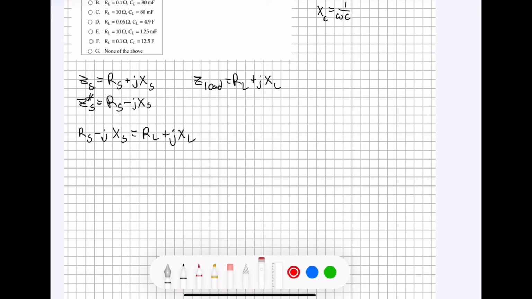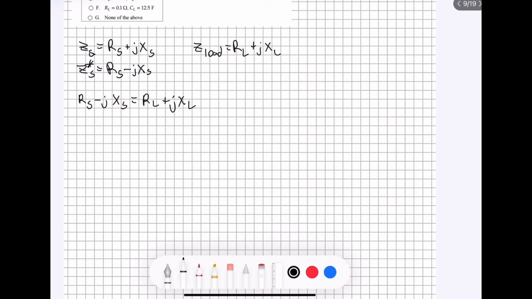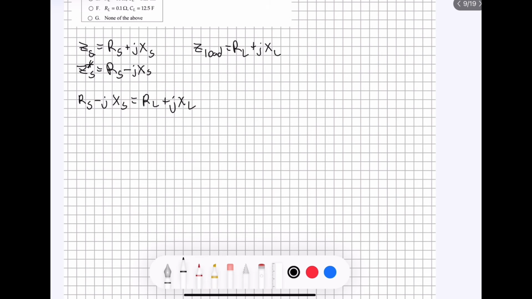And we know that on each side of this equation, these two terms are going to be real, and then these two are going to be imaginary. And to help us solve this equation, we can set the real terms equal to each other and the imaginary terms equal to each other.